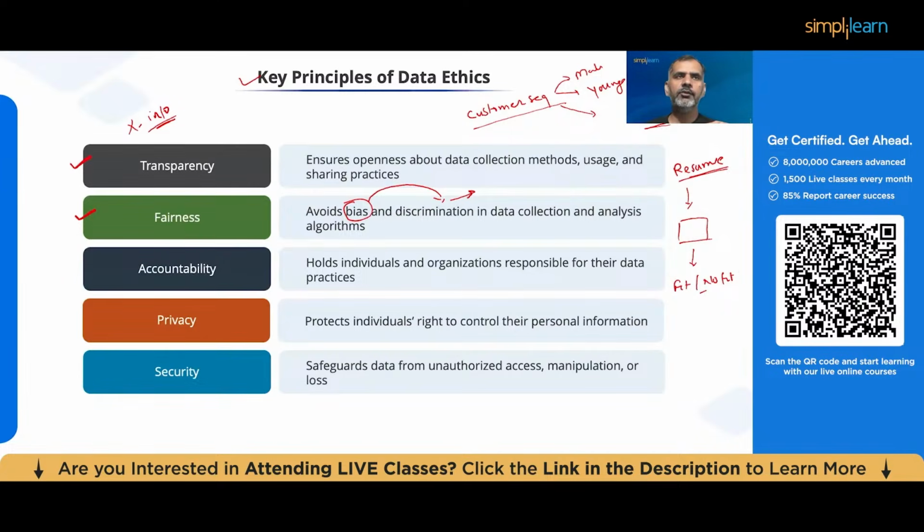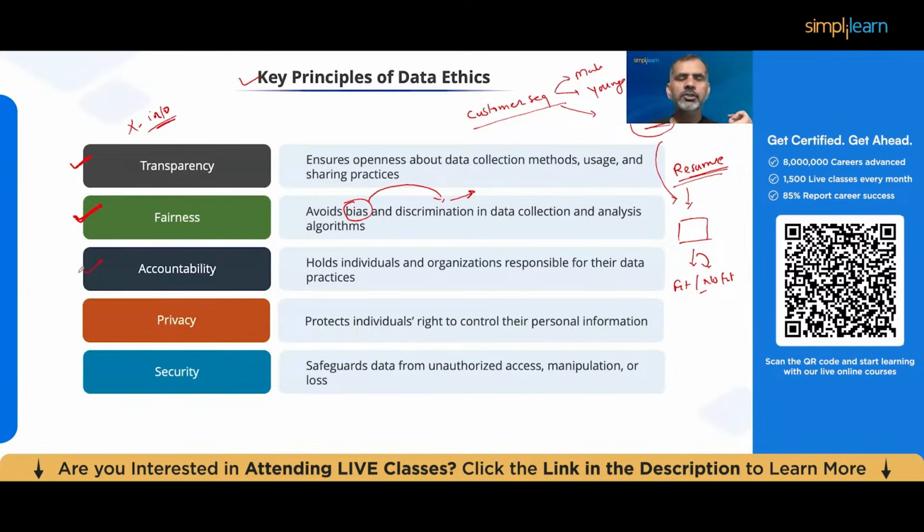And automatically, if you go with biased data to train a model, your model becomes biased towards the male category, and this way that introduces discrimination. So whenever a female resume comes for scrutinization, it will mostly go to the no fit zone. And this is where we need to be very careful while collecting data, that the data should be collected with full fairness.